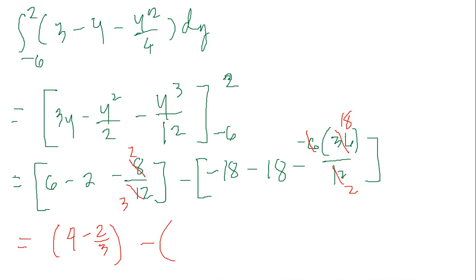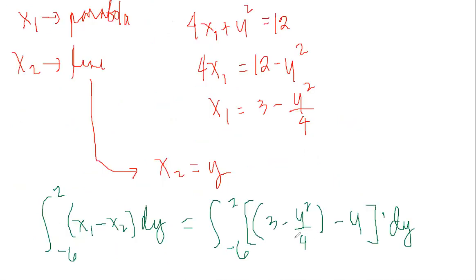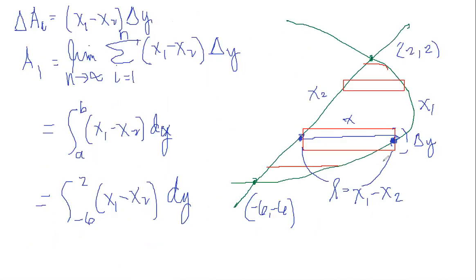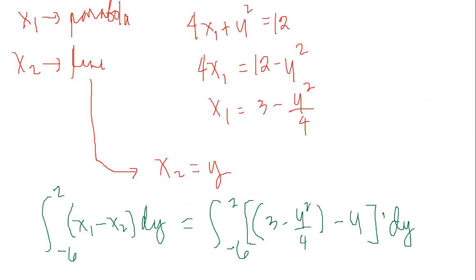Let's check our equation. X sub 1 is our parabola, and x sub 2 is the y. Yeah, we're correct. 3 minus y, right? X sub 2. That's correct. Let's just double check.